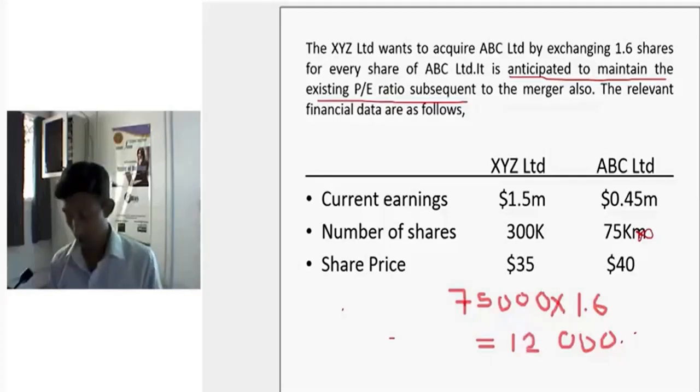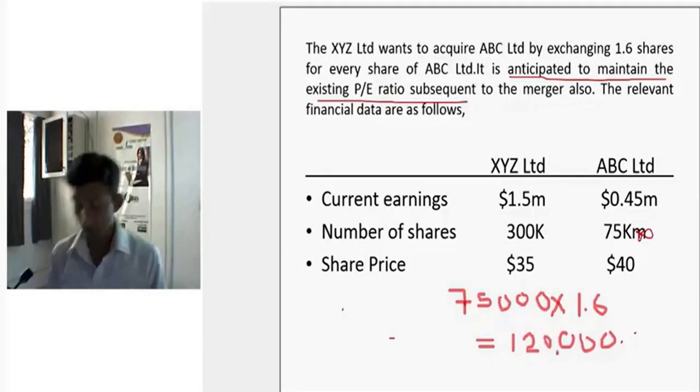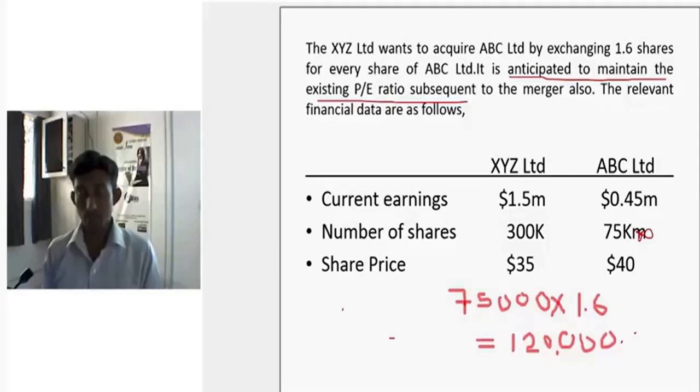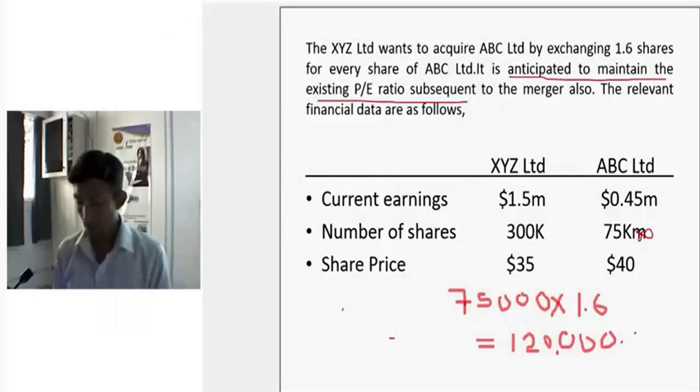It should be 120,000. So very simply, ABC has to receive 120,000 shares of XYZ to make this deal. But when you look at the share prices, the exchange ratio based on market prices is actually 1.4 to 1. Right? So now these are the new shares issued by XYZ.